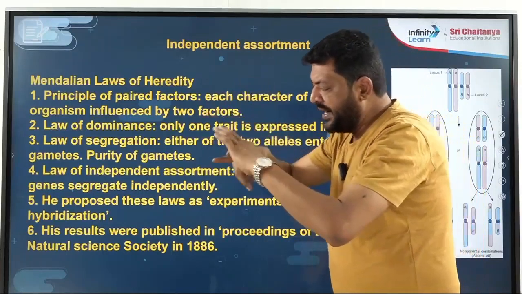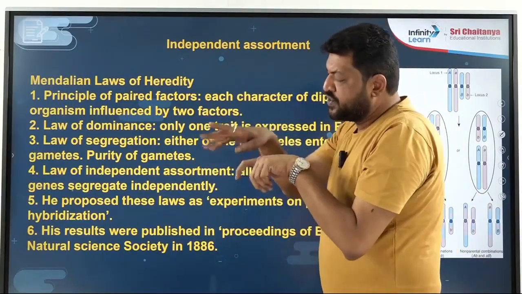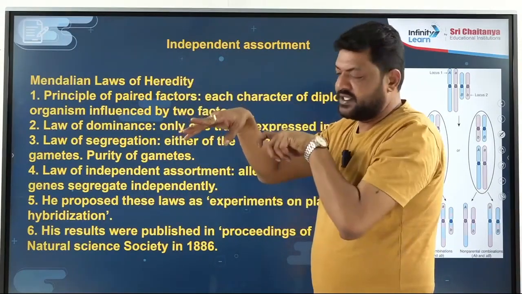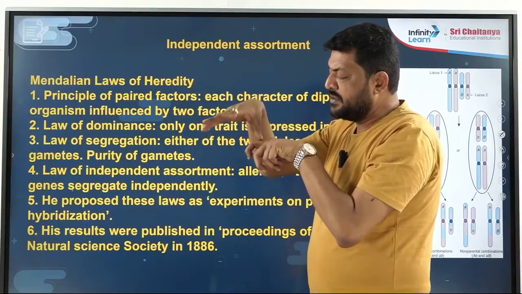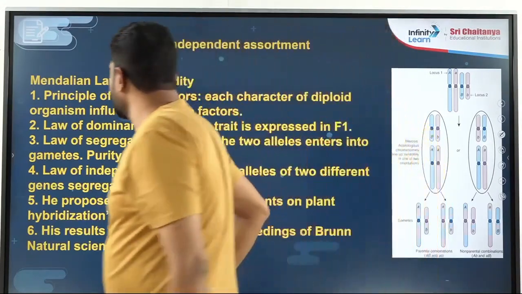Like that, one gene is present here, one gene is present here. The movement of this gene cannot influence the movement of this gene. Capital T may go or small t may go. Was it clear? This is independent assortment.